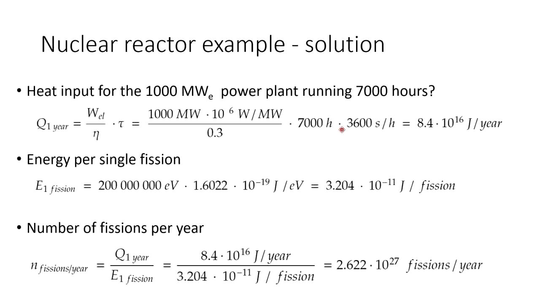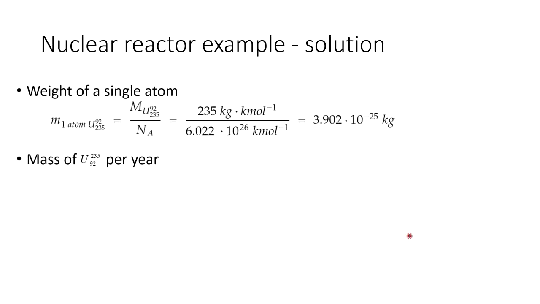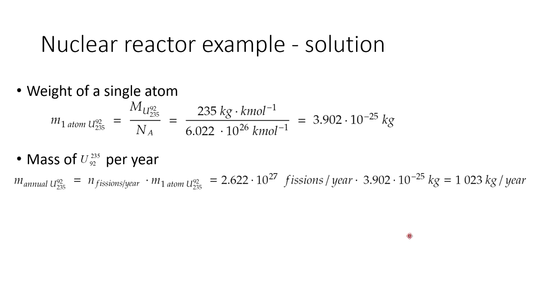So now we have the number of fissions, we have the weight of a single atom, so we get the mass of the uranium-235 that we need in a year to perform the fission.